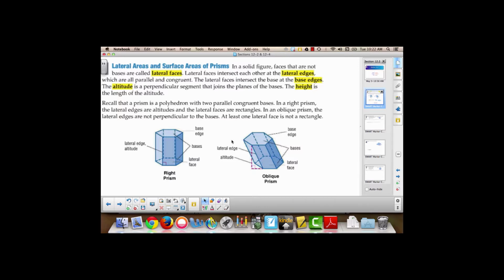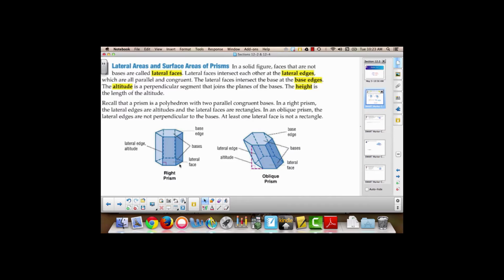So a prism is a three-dimensional figure made up of two congruent polygons, and those are called the bases, and then these lateral faces here and here. In this particular prism in this picture, our two bases are regular hexagons.